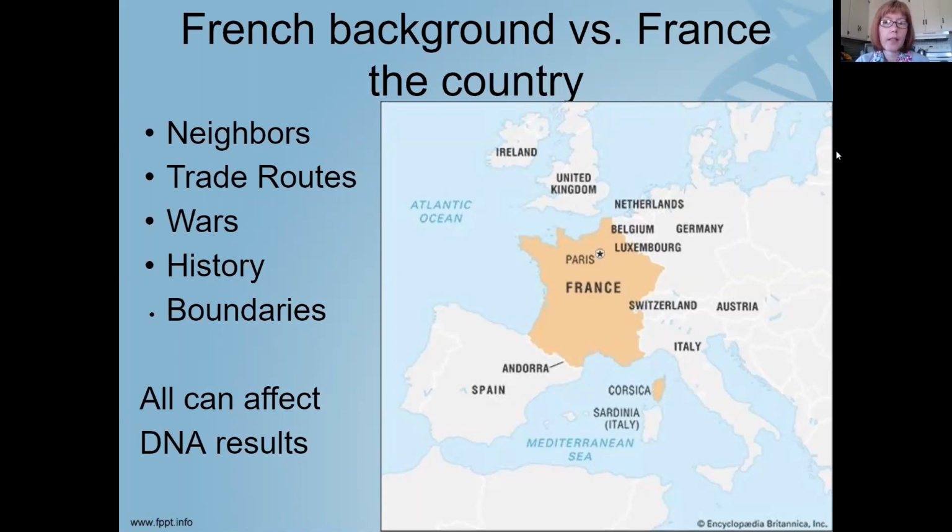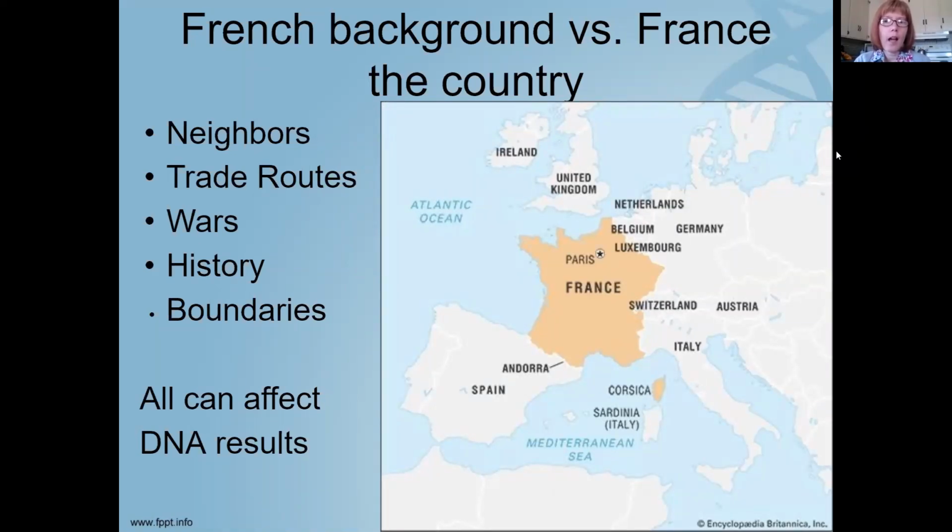There are a number of different ethnic groups that have lived in France over the years. Look at all the countries that border France. You've got Belgium, Luxembourg, Germany, Switzerland, Spain. And of course, the United Kingdom is right across the channel.